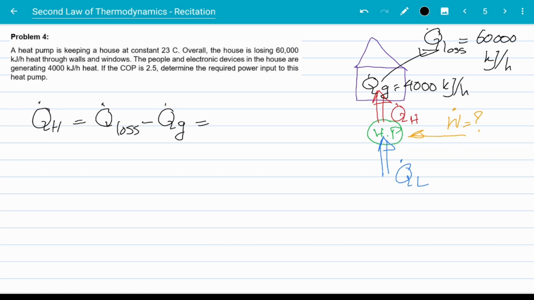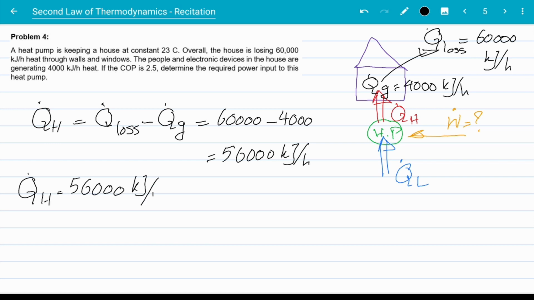So that will be 60,000 kilojoules per hour minus 4,000 kilojoules per hour, which will give us 56,000 kilojoules per hour.